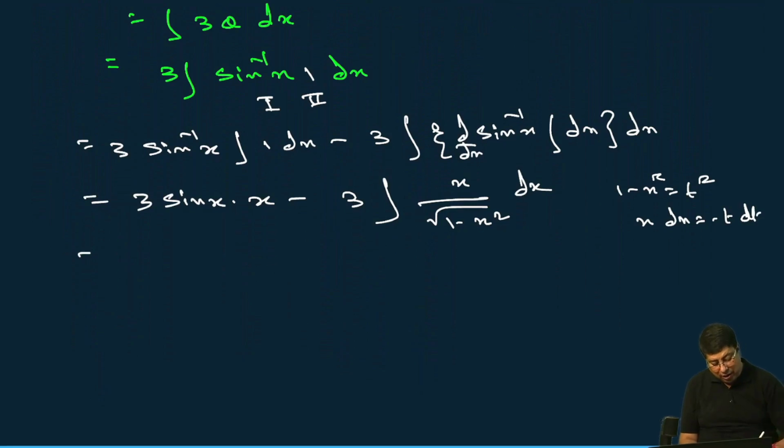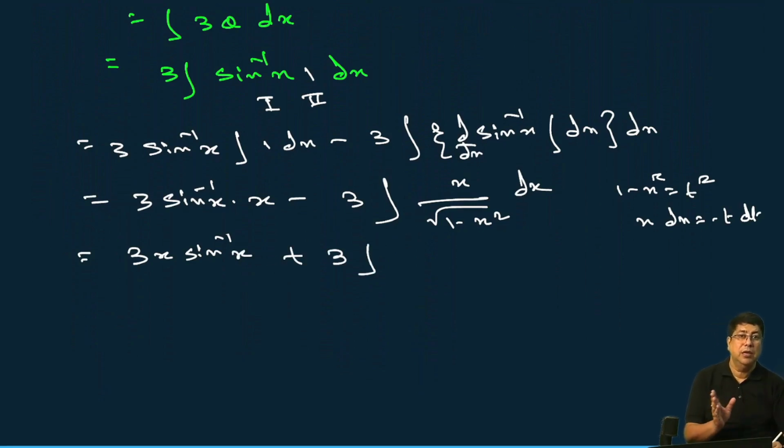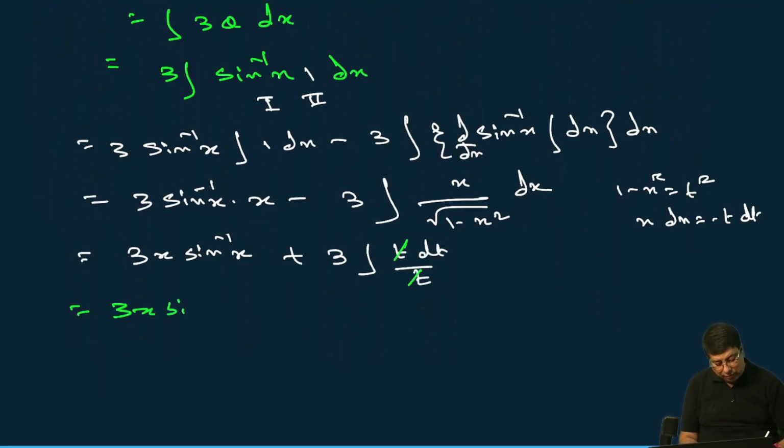Therefore I can write here 3x sin inverse x, sorry, it will be sin inverse x plus 3, instead of x dx I am writing t dt, so t dt by t. So integrating, we are getting 3x sin inverse x plus 3t plus c. Answer is over.